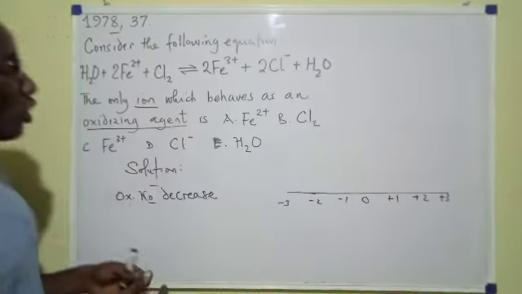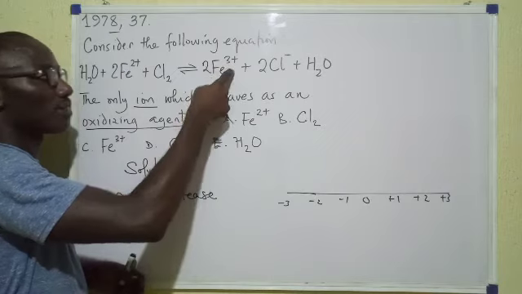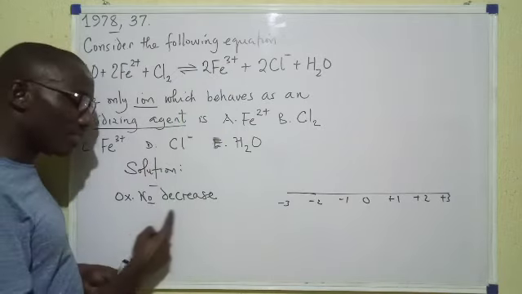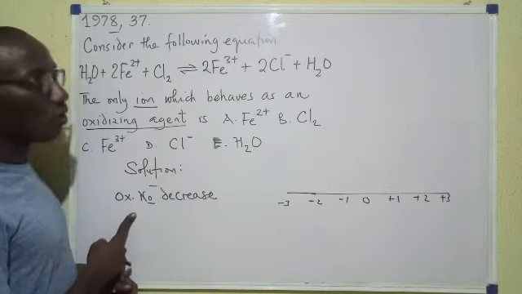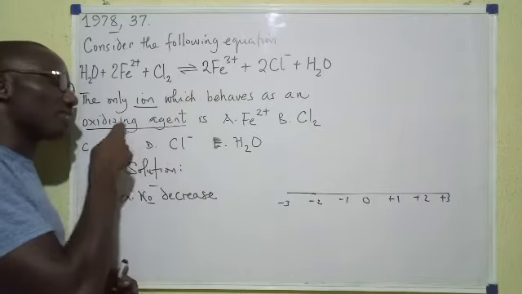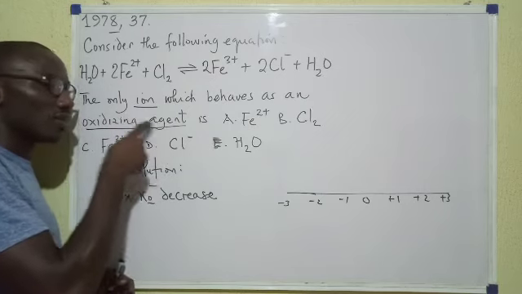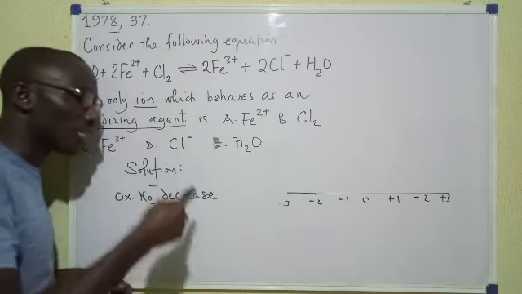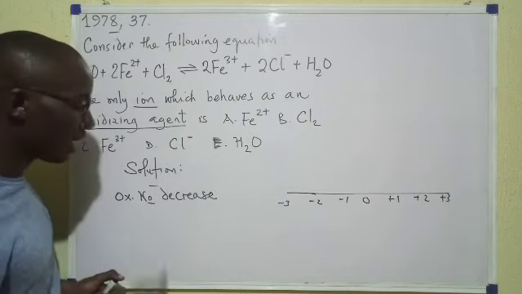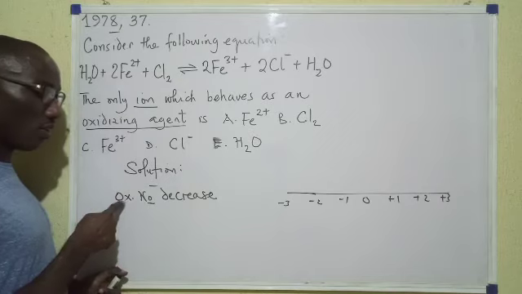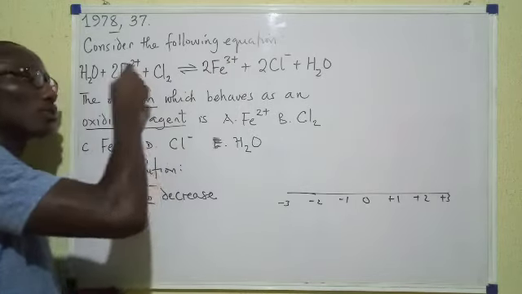So we say the oxidation number of iron has decreased from 3 plus to 2 plus, and that decrease in oxidation number is what we are looking for. So Fe3 plus is an oxidizing agent. Why is it an oxidizing agent? Because it undergoes reduction. And what is reduction? A decrease in oxidation number from +3 to +2.